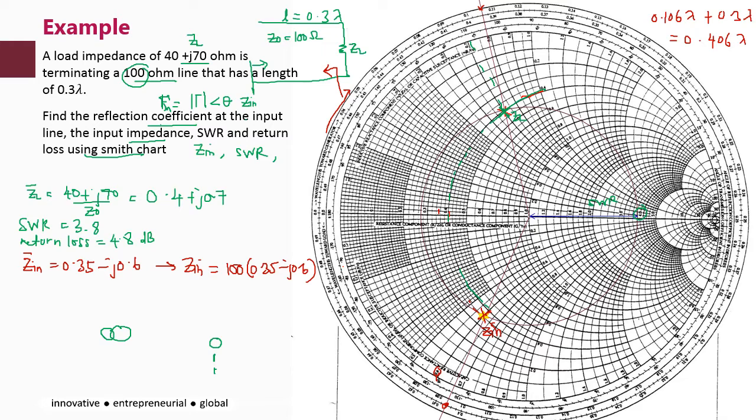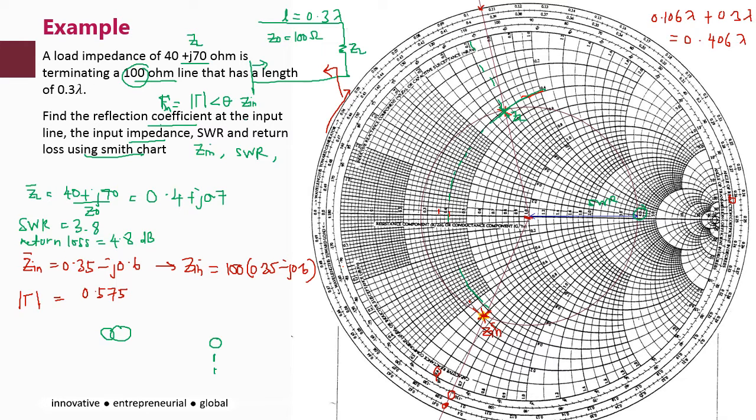For the reflection coefficient, use the radius, and refer to the scale again. The magnitude of the reflection coefficient will be 0.575, and then for the angle, look at the reflection coefficient scale, the second one here.